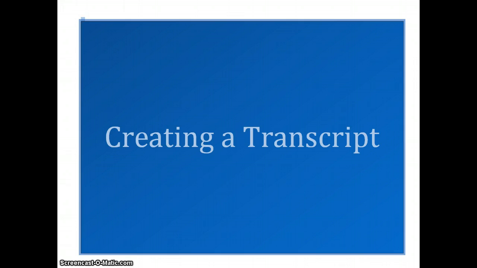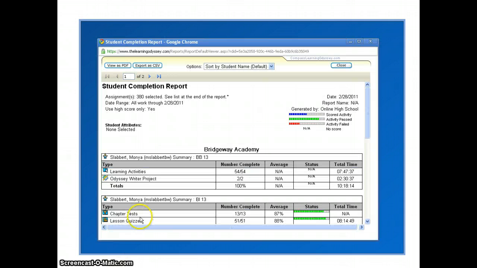So this student took Compass Learning courses. They took Rosetta Stone for French, and then they also took their math through Alex Math. So I'm going to need to pull these grades from several different places. So the first thing I'm going to do is run a student completion report, which I've already done.